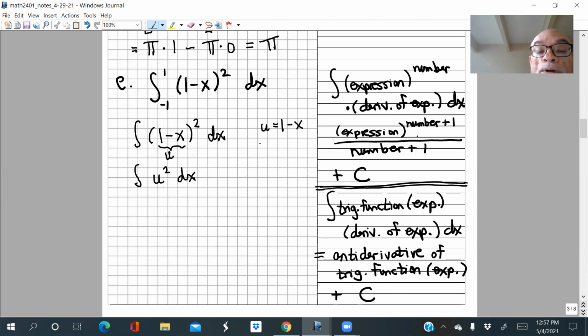Remember, the trick for getting rid of the dx is to come back to what your substitution is, which is u equals 1 minus x, and compute du/dx. Take the derivative of u with respect to x. Be careful about this one now. What is the derivative of 1 minus x?